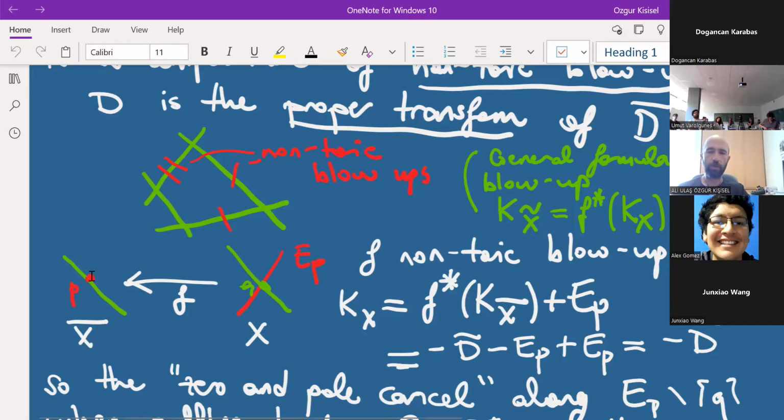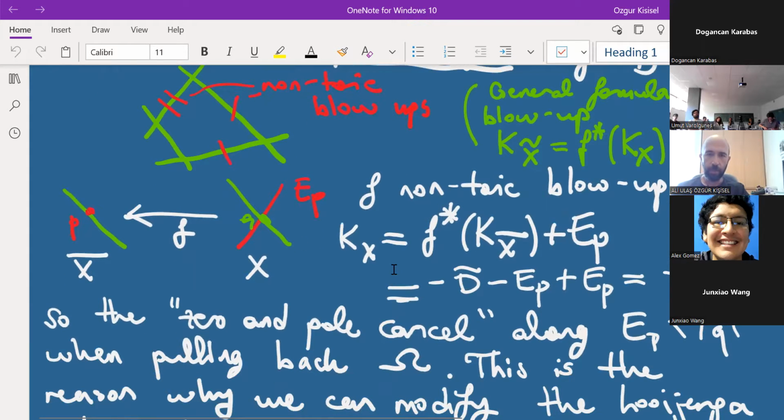If you do the canonical class computation, you should take the total transform of K X bar, then add EP. The point is that this D bar already passes through P and exactly once. So it will give you minus D bar minus EP. But then you add EP, therefore you get minus D bar, so that's why it works.